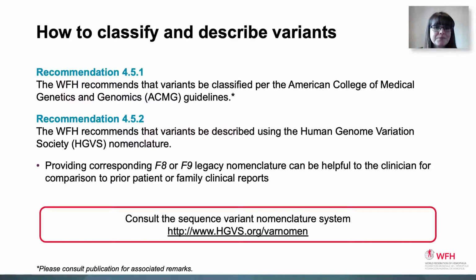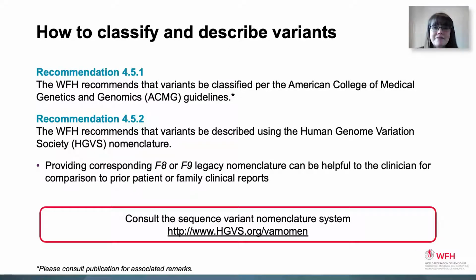Once we have identified the underlying variant in the factor VIII or the factor IX gene, we need to classify that variant as to whether it is causative of the haemophilia disorder. So the WFH recommends that variants are classified according to the American College of Medical Genetics and Genomics guidelines. That's the ACMG or ACGS guidelines for genetic classification of variants.